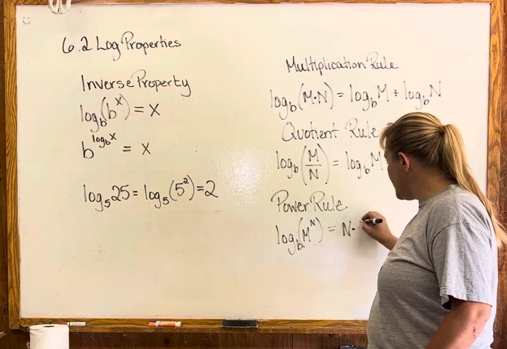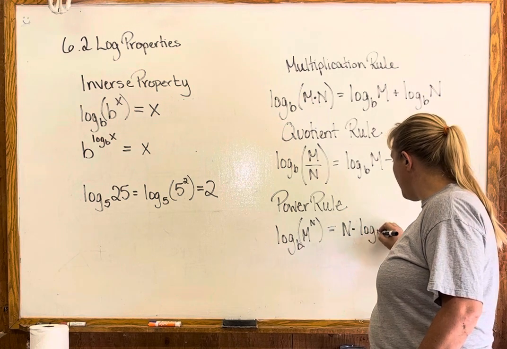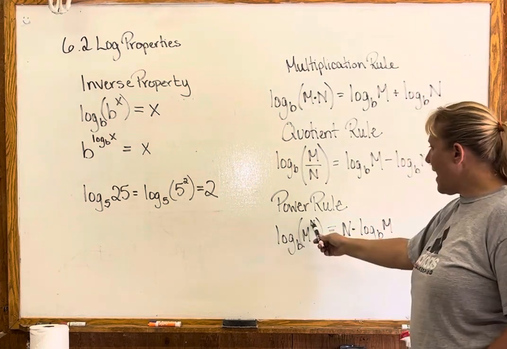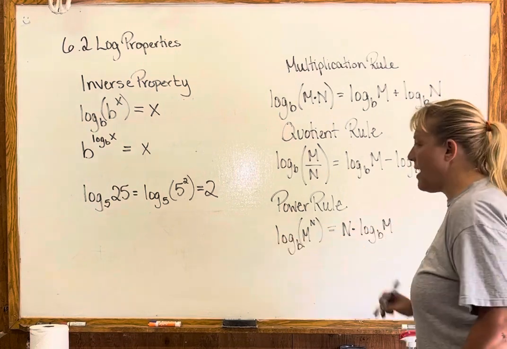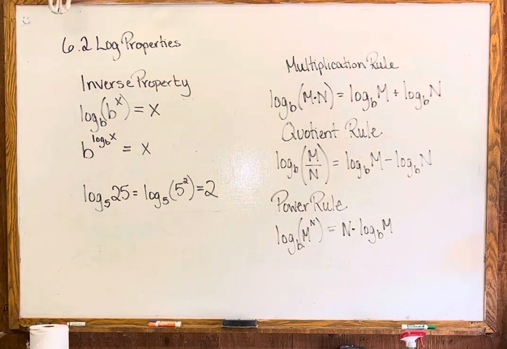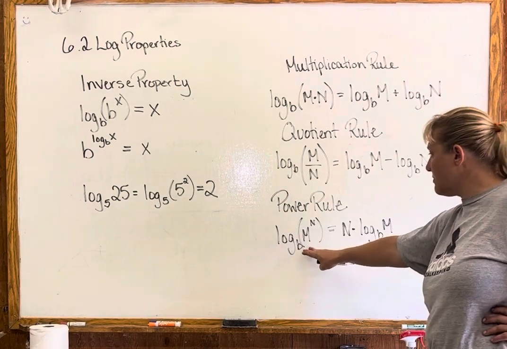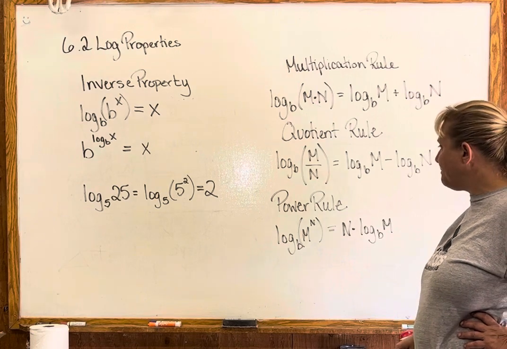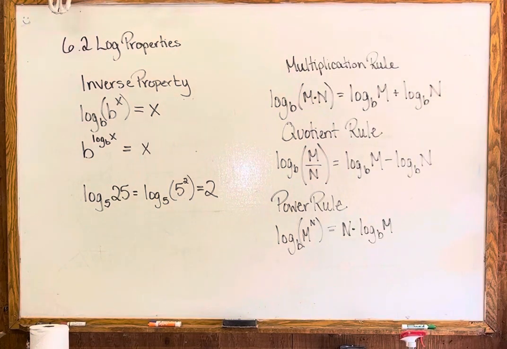So n times log base b of m. So an exponent can be pulled down and become a multiplication in front of the log. And honestly, this rule is helpful sometimes going this way and helpful going that way as well. So we'll use that one both ways to make our life easier. Either way, it makes our life easier.